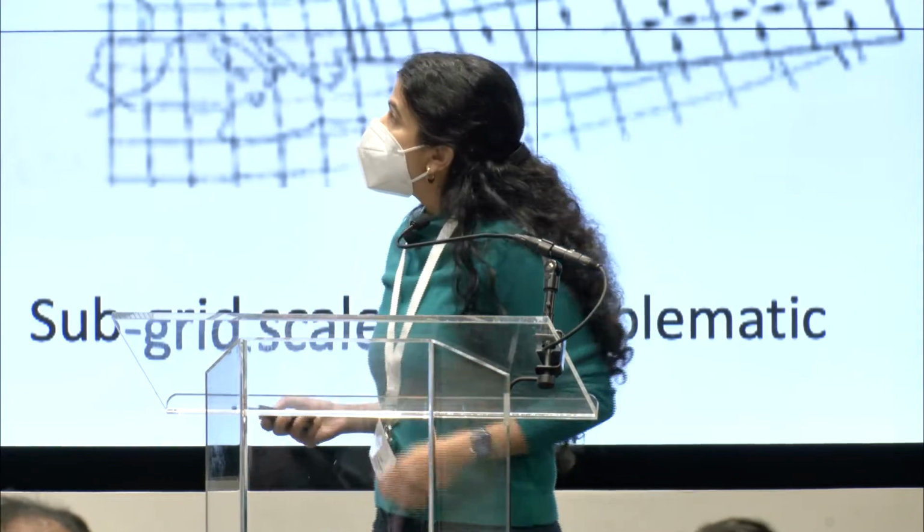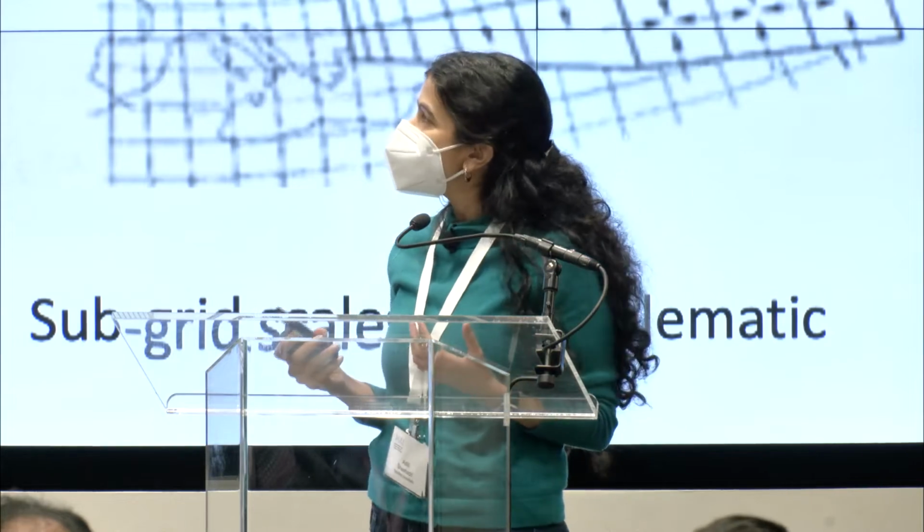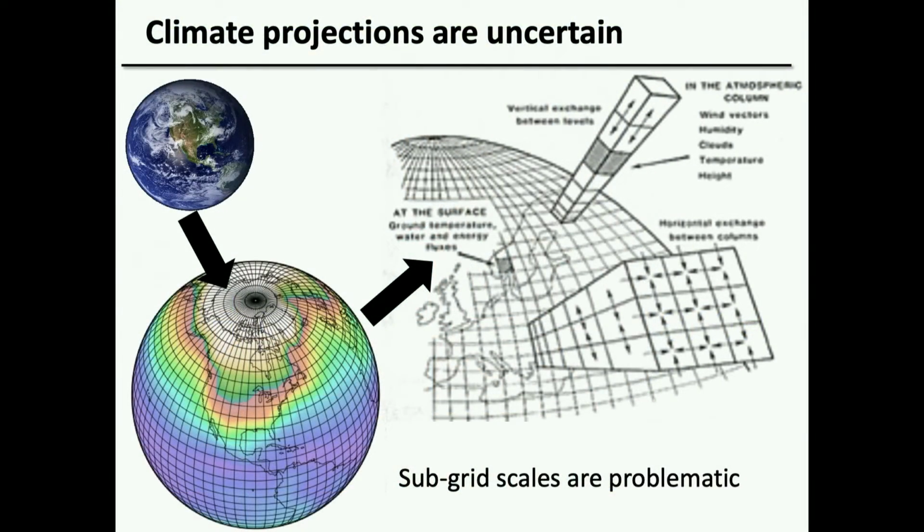Okay. The big takeaway from this slide is that climate projections are hugely uncertain. All climate models basically numerically solve the Navier-Stokes equations on grids on a sphere, as I've pointed out over there.